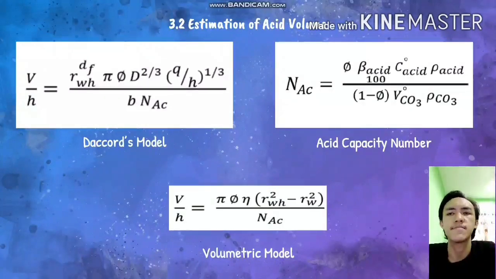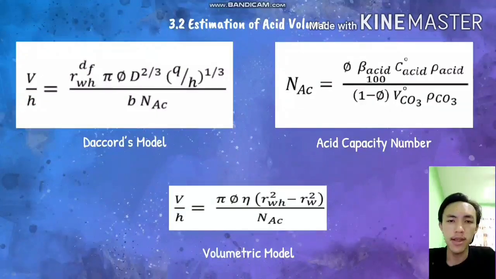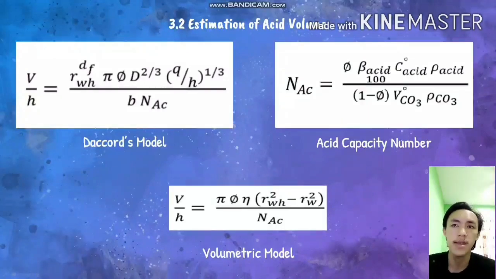In the Daccord model, V over H, which is the estimation of acid volume, will be equal to the wormhole radius times pi, then times the porosity of the formation, and then times the acid rate per unit thickness of the formation, which is Q over H, to the power of 2 over 3, and times D to the power of 1 over 3.